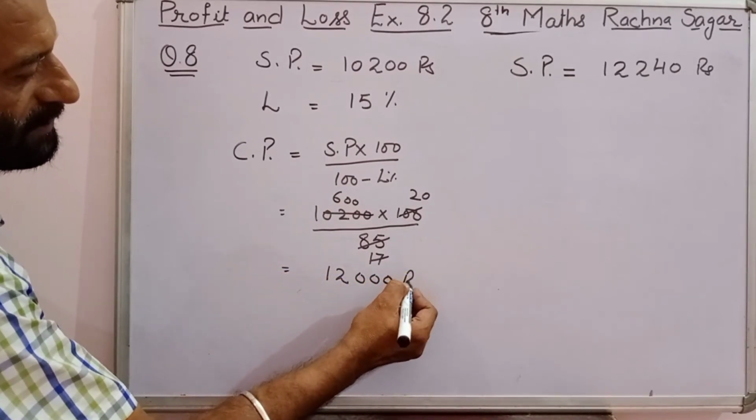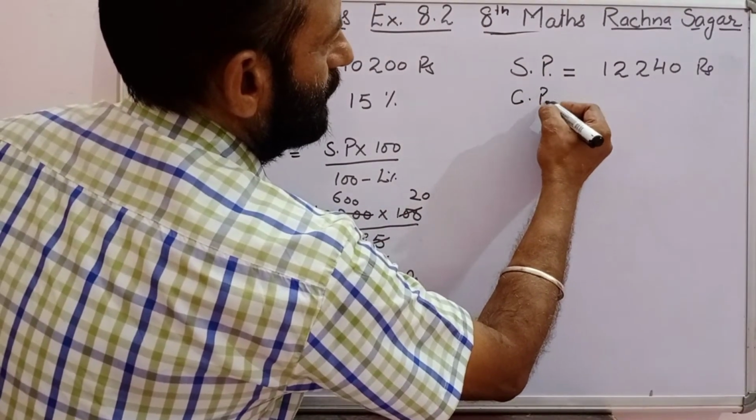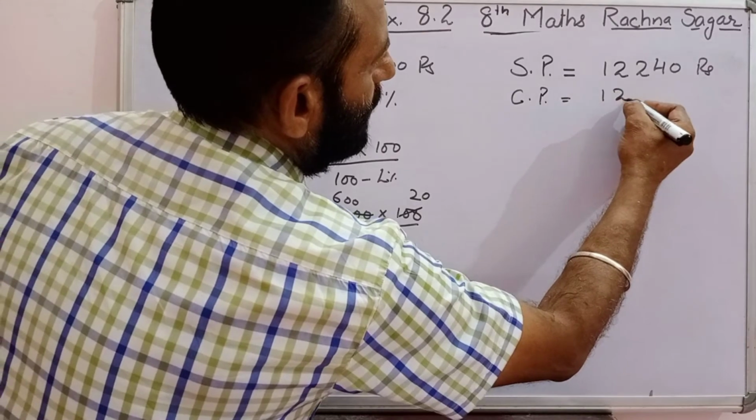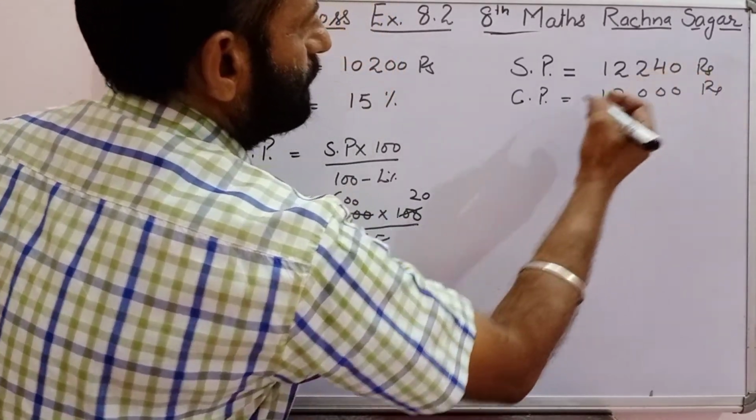So cost price of the dining table is 12,000 rupees, and now he sells the dining table for 12,240 rupees.